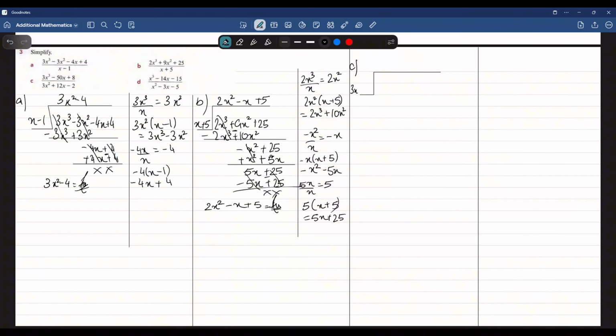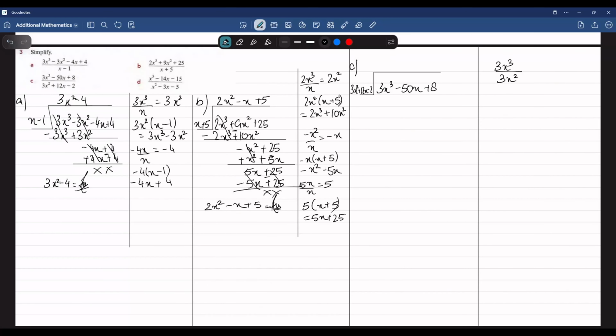We've got 3x squared plus 12x minus 2 here, and then we have 3x cubed minus 50x plus 8. Now I'm going to utilize the space also. So now what I'm going to do is simply divide this by 3x squared.